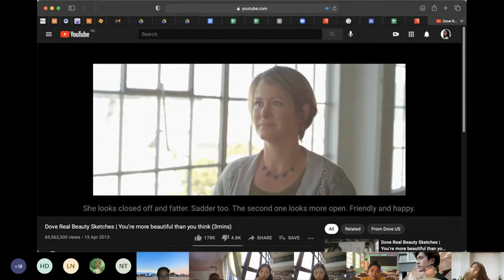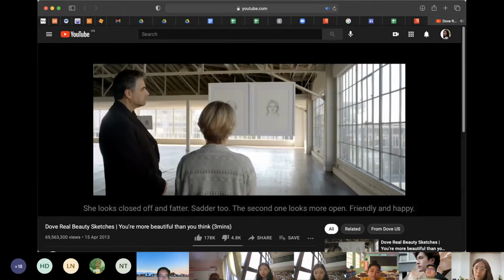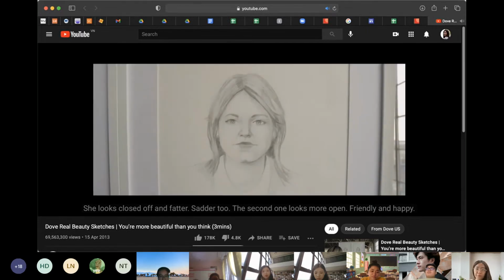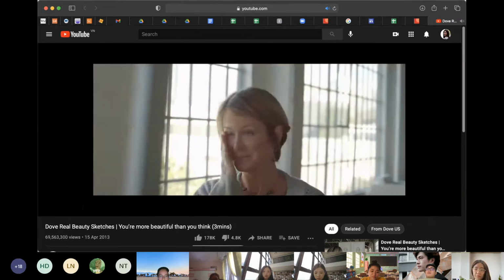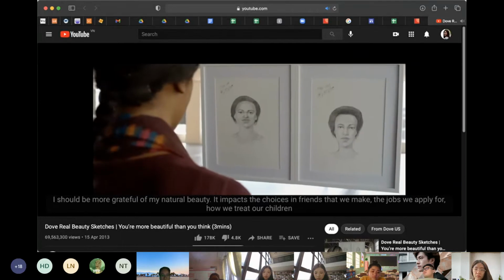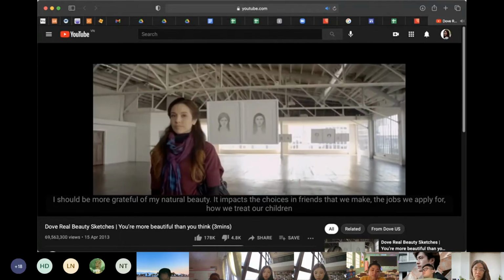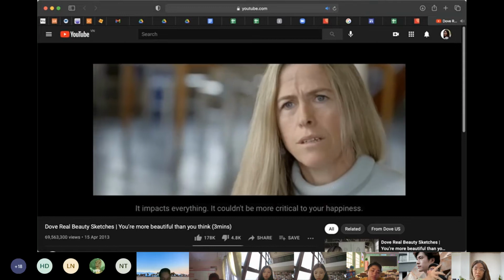She looks closed off and fatter, sadder too. The second one looks more open, friendly, and happy. I should be more grateful of my natural beauty. It impacts the choices and the friends that we make, the jobs we apply for, how we treat our children. It impacts everything.